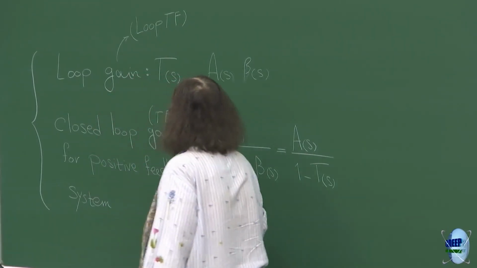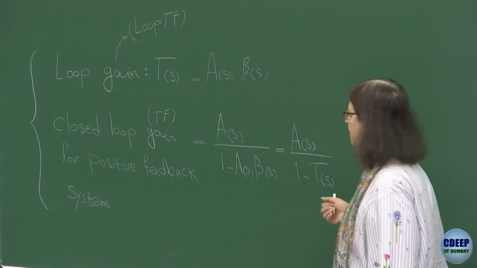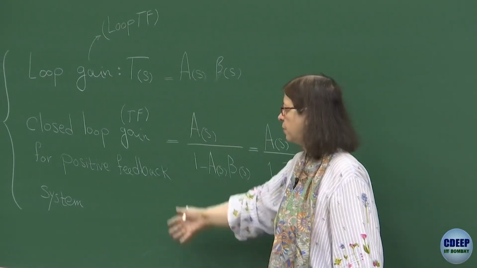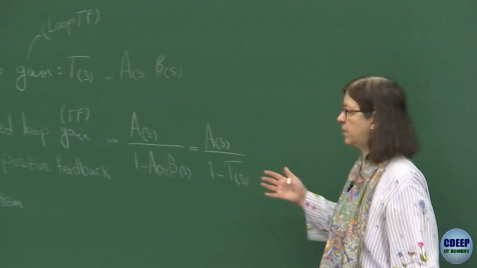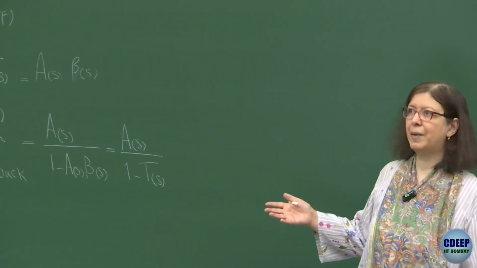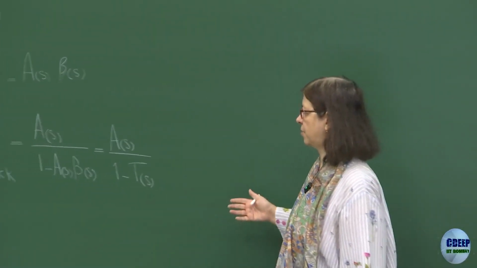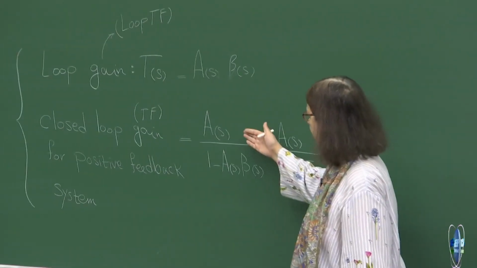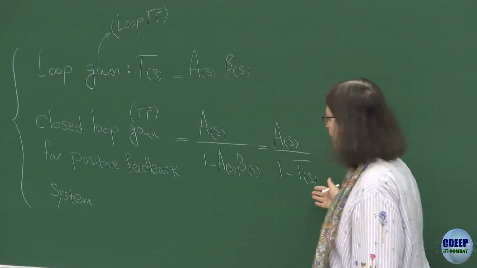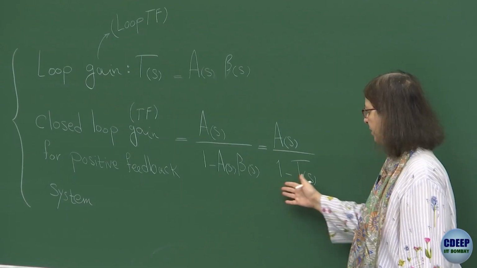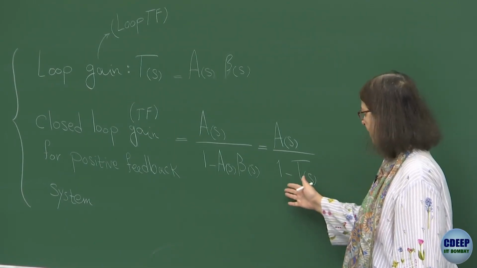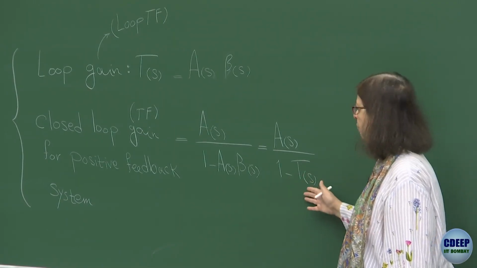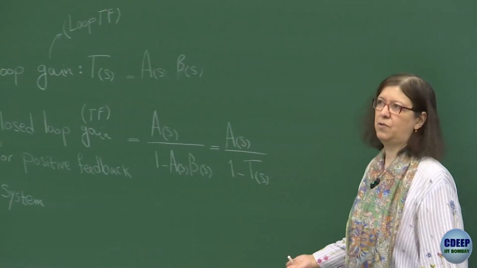When we talk about a transfer function, that means we have an input and an output, and the ratio of them for a linear feedback system will be the transfer function in the S domain. As you can see, the poles of the closed loop feedback system will happen when loop gain is equal to 1.